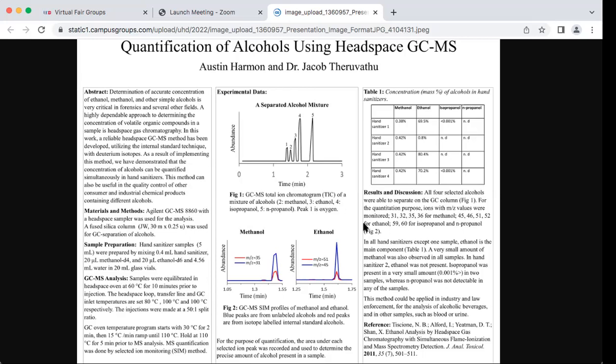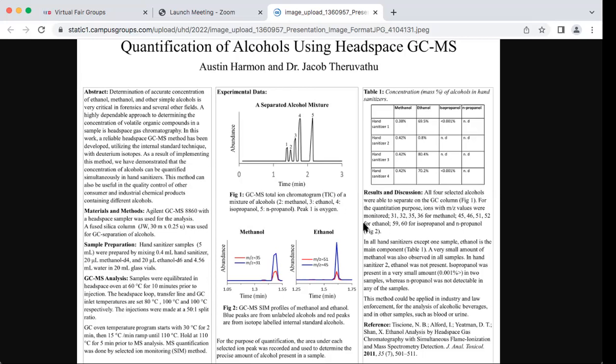So the whole point of the study was to test if all the hand sanitizer labels were accurate, and if the companies were making accurate claims on how much ethanol was being added in their products. But we also wanted to figure out if there was any other alcohol like methanol or isopropanol or n-propanol.